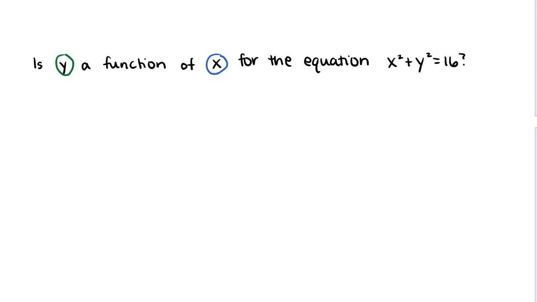To do that, we first subtract x squared from both sides, which gives us y squared is equal to 16 minus x squared. Then, we don't want y squared, we want just y, so we can take the square root of both sides.